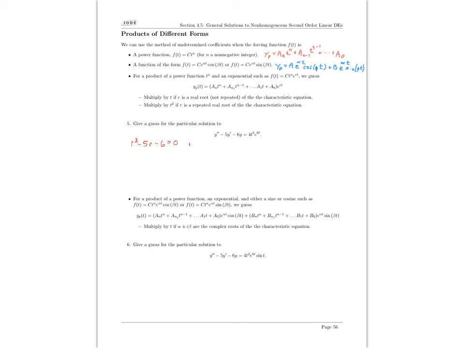And so this has solutions r is equal to 6 and r is equal to minus 1, since when we factor that, it factors into r minus 6 times r plus 1. So therefore, our homogeneous solution would be C1 e to the 6t plus C2 e to the minus t.